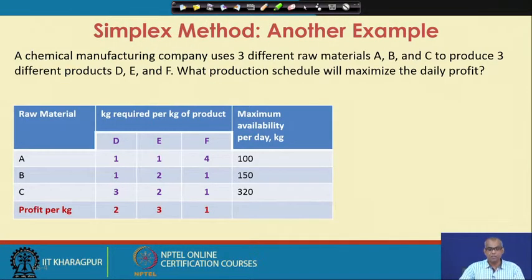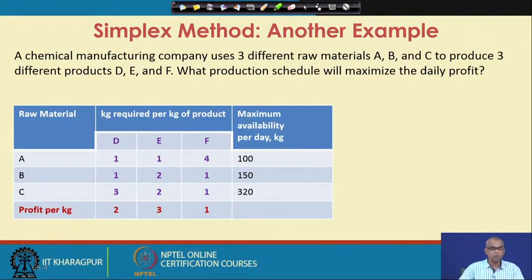Now, let us take another example. A chemical manufacturing company uses 3 different raw materials A, B and C to produce 3 different products D, E and F. So, there are 3 different raw materials.